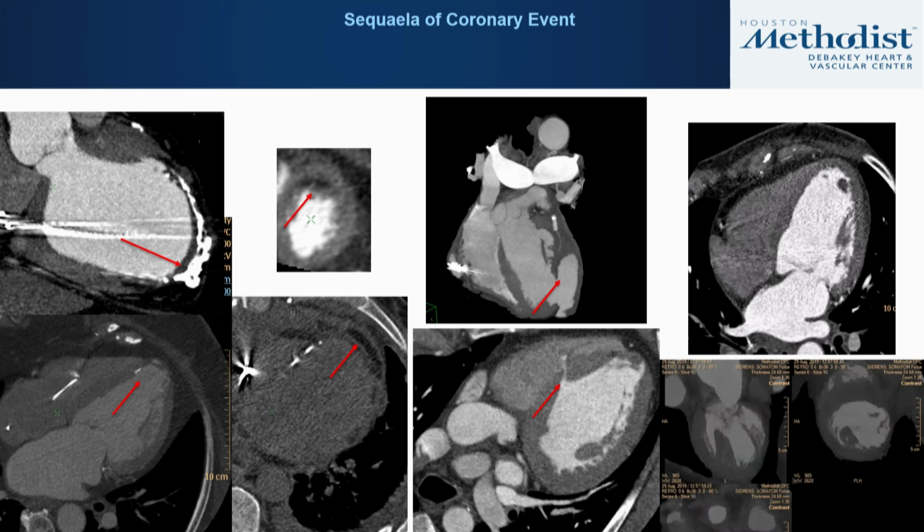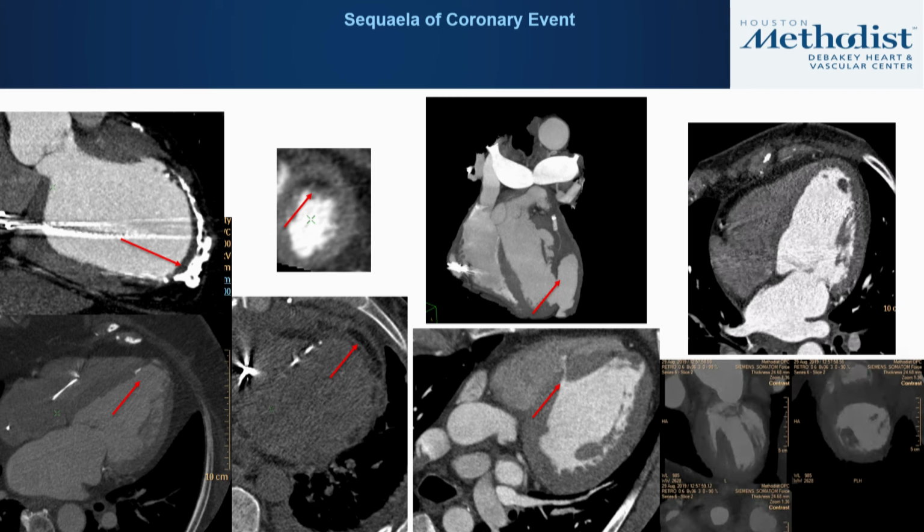Or if you see some aftermath or sequela of a coronary event, like calcification, signs of a very old myocardial infarction, lipid or fat replacement, like you can see here even in a non-contrast study. Obviously an aneurysm, a VSD, or a wall motion abnormality.